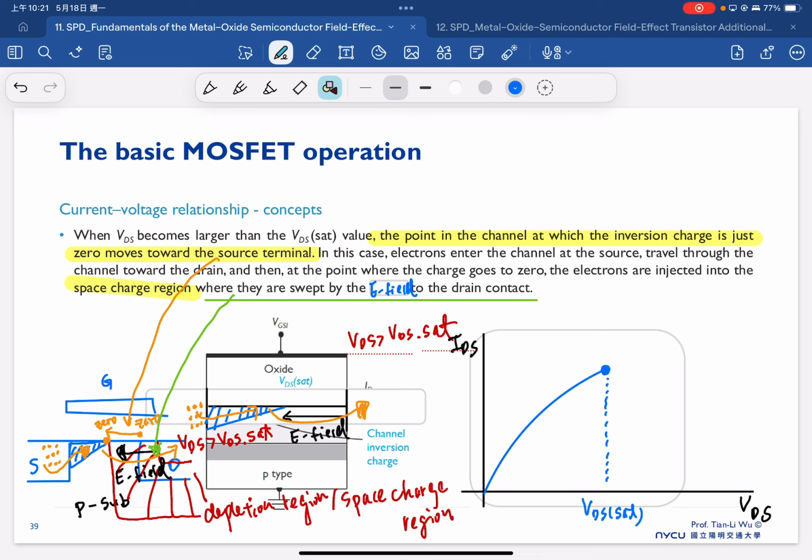The current is now determined by the electric field, and the amount of charge does not increase anymore.